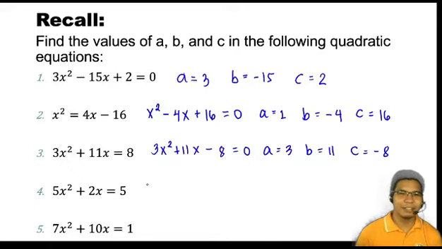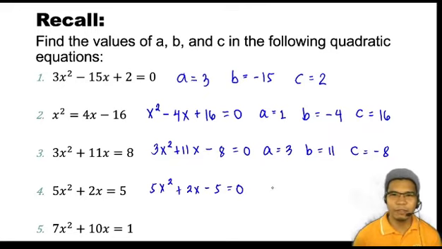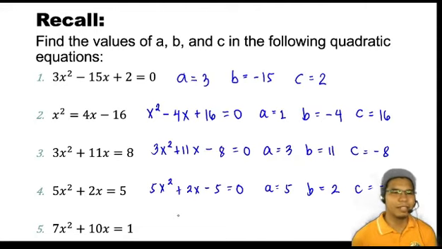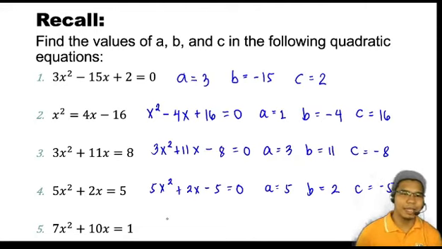Okay, so the standard form of this quadratic equation is 5x squared plus 2x minus 5 equal to 0. We are now ready to get the values of a, b, and c. a here is positive 5, b is positive 2, and c is negative 5. Next, the last example, we are given 7x squared plus 10x equal to 1.